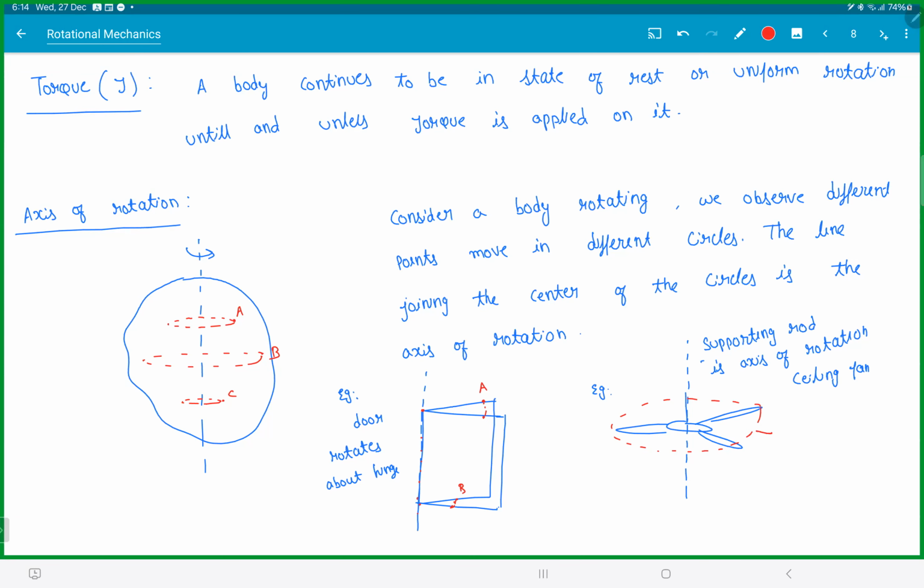So the fan rotates, rotation is in plane. This is the plane of rotation. So plane of rotation is different from axis of rotation. Both are perpendicular basically. So if you use right hand thumb rule, the plane of rotation, right, will be the curl of your fingers, and axis of rotation will be the thumb.